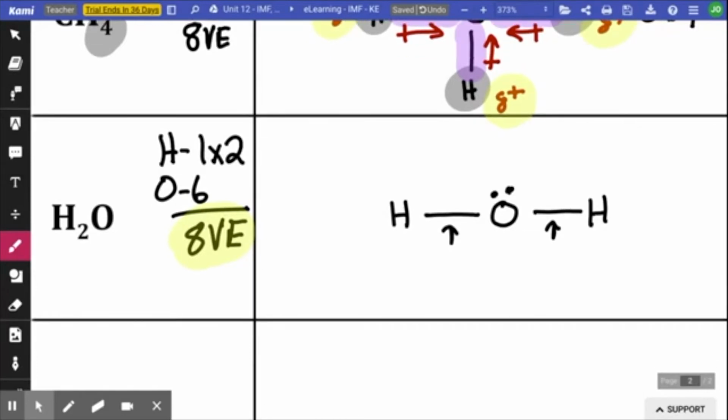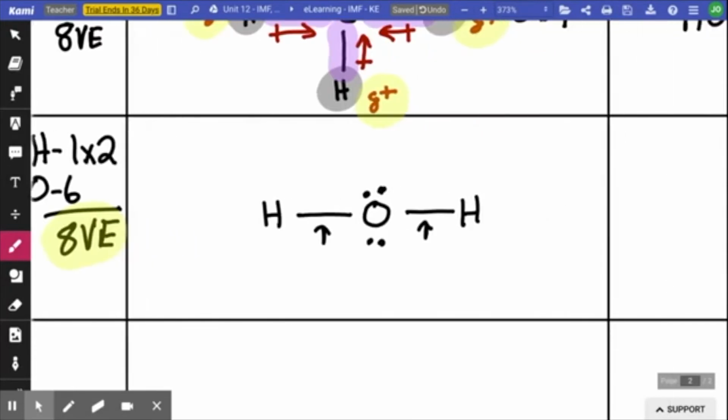1, 2, 3, 4. Now, I typically don't do 1 on top and 2 on bottom, because if you remember, there is that repulsion that happens with your VSEPR shape. So if I were to redraw this, I would redraw it like this.